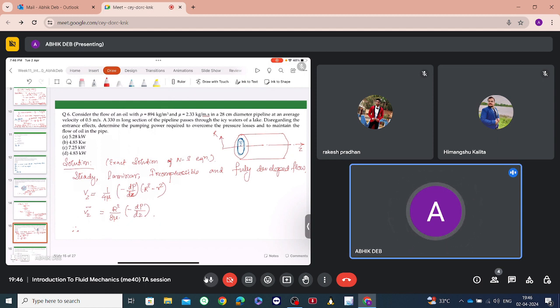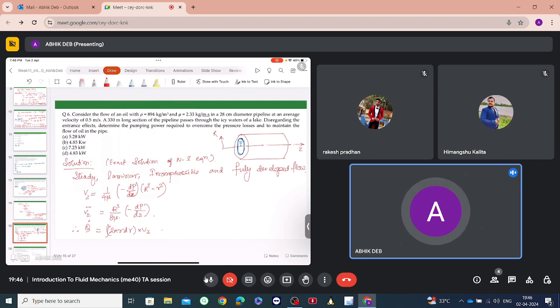So for that we have to take, or this is the value for V average velocity, and the value for discharge. So discharge is equal to integration 2 pi r dr. So we are taking the area of this differential element and we are taking the velocity in this direction. Okay, so area multiplied by the velocity will give the volumetric flow rate.